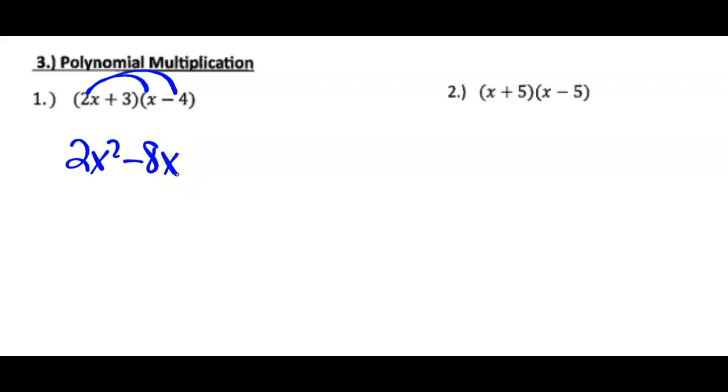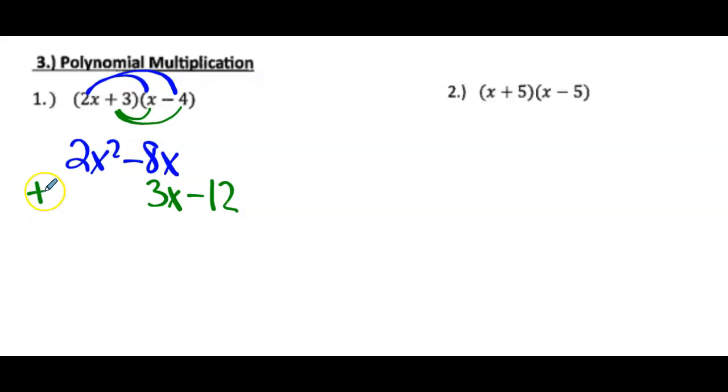And then I'm multiplying my other number by everything in the second one. So 3x, and I'm distributing it also to the negative 4 because I need to distribute my 2x to everything back here, and I need to distribute my 3 to everything back here.